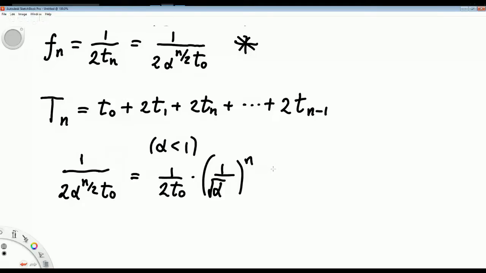The point is that if alpha is less than 1, then 1 over square root of alpha is actually going to be greater than 1. So you have a constant times a number that's greater than 1 to the n. And it's quite clear that if n tends to infinity, this quantity will tend to infinity. So the frequency will tend to infinity as expected.